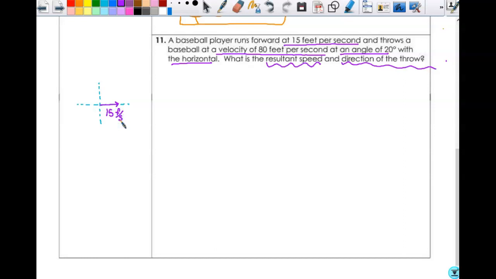And then he's going to throw at 80 feet per second with an angle of 20 degrees. So we'll have a 20-degree angle. This vector is much longer because this is 80 feet per second. Totally not to scale, but that says 80 feet per second. And my angle right here is 20 degrees. So my resultant vector is actually right here.